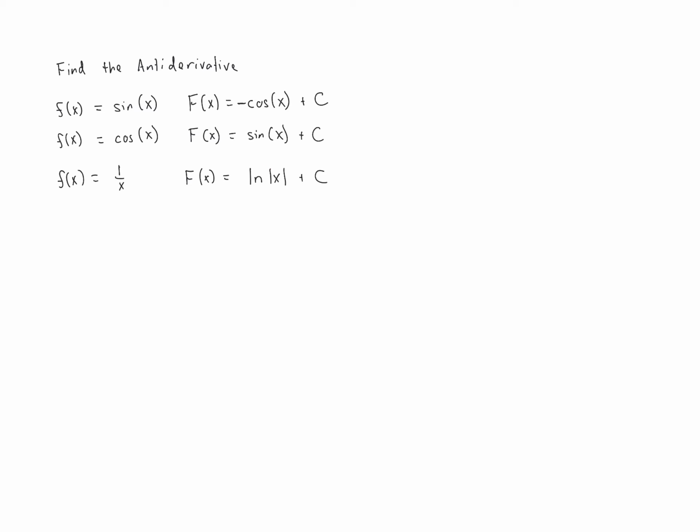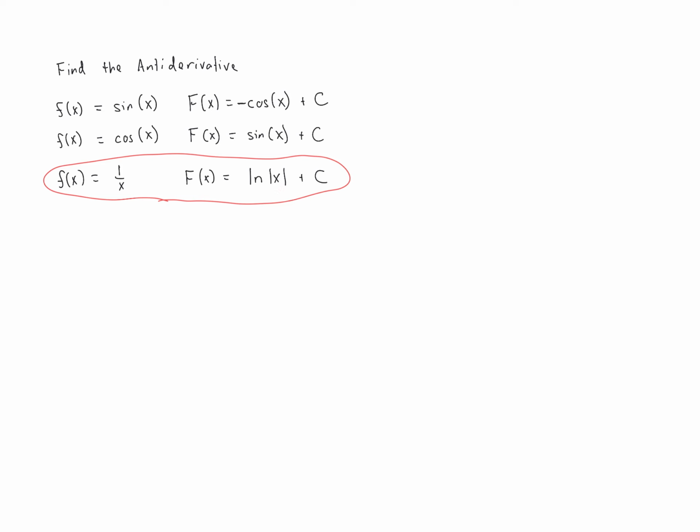This is a really big one. I'm going to circle it. I mean, it's not huge, but it's one where we've got to be careful so that we have the whole domain. If we don't have this absolute value, then we've only found the antiderivative for one side of this domain, one side of this function. We need the absolute value there so that we've got the whole thing.